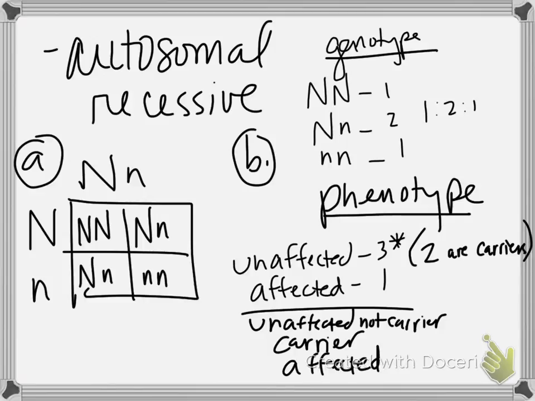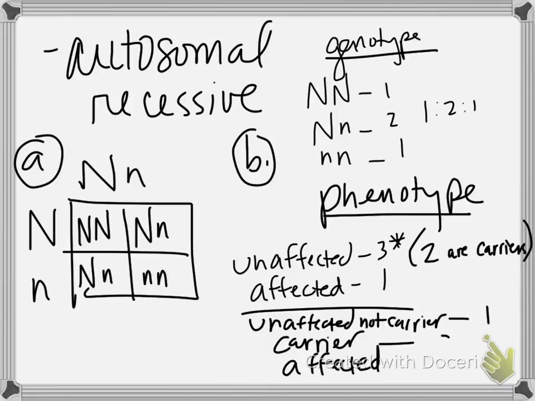It's not going to affect the quality of your life. When we're talking about a disease that can shorten your life or make your life really difficult, we tend to care if you are a carrier or not. So we don't necessarily talk about carriers for a trait like red hair or cowlick or widow's peak.